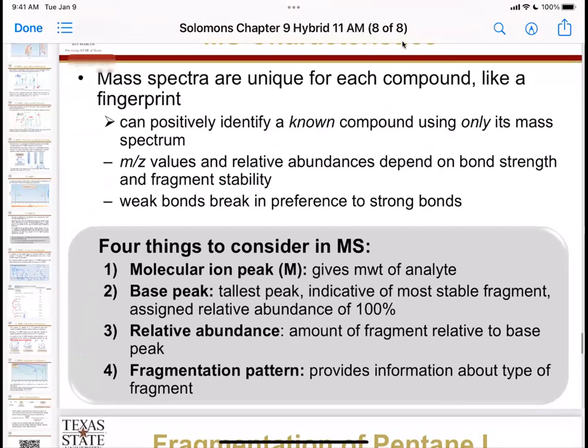So when we look at a mass spectrum, we want to think about it as a fingerprint, because what we're going to see is a bunch of different things. You can take that same compound, run it on another mass spectrometer, and it's going to decompose and fragment in the exact same way. So you can use it as an analytical tool.